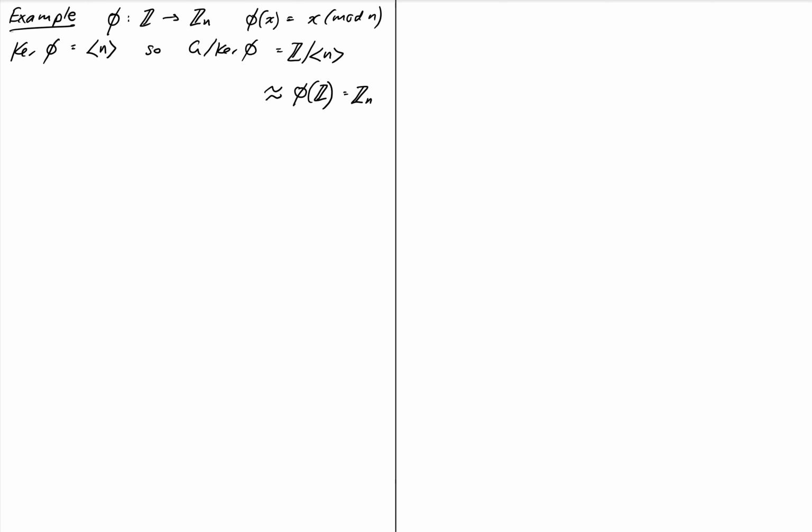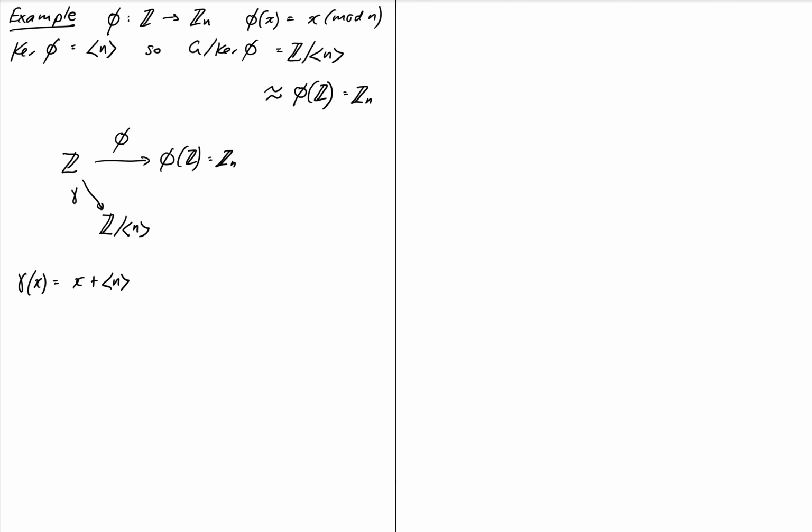We can actually draw a little bit of a diagram to illustrate how this one works. So what this is saying is we take a group Z and we pass it through phi, we get phi of Z, which is equal to Zn. Now alternatively, we can go to the factor group by doing a different mapping along here, defined by gamma of x is just equal to the coset represented by x.